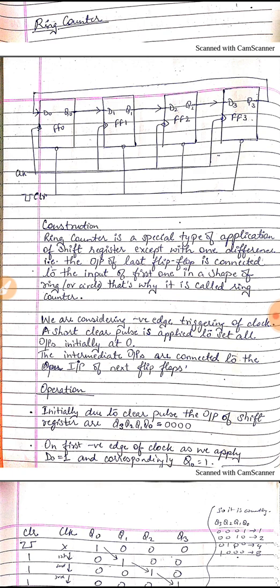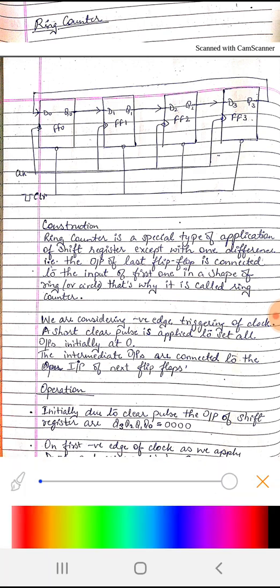but the output of the last flip-flop, as we can see in the picture, is fed to the first flip-flop. That is, we have created a ring over there.